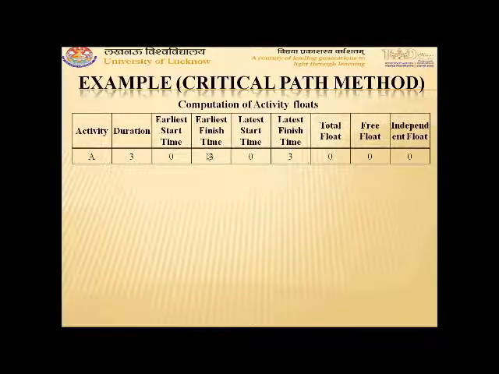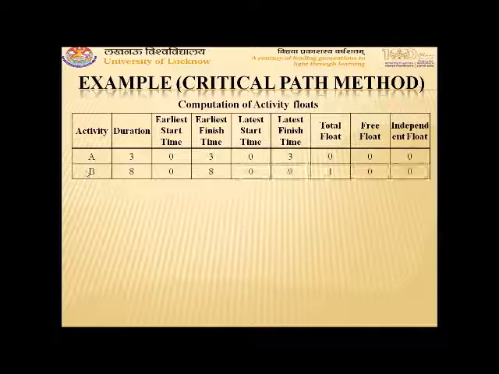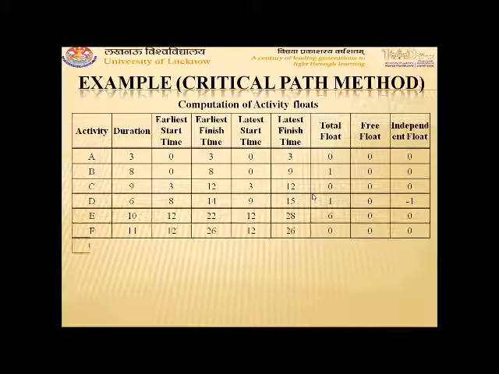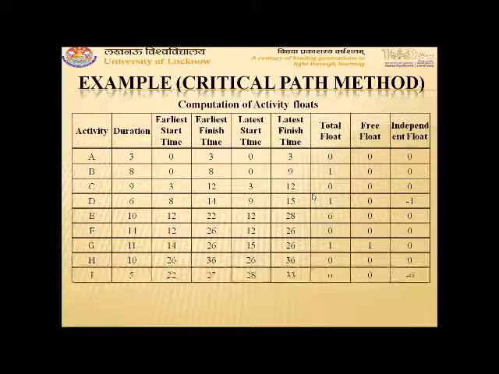So the sum of latest start time and duration will be 3, and Ej minus Li plus Tij will give 3 minus 3, which comes out to be 0. So all three floats, total float, free float and independent float, for activity A are 0. For activity B, similarly we can calculate. Here you can see total float is 1, and independent and free floats are 0. Similarly, for other activities, these values can be calculated.